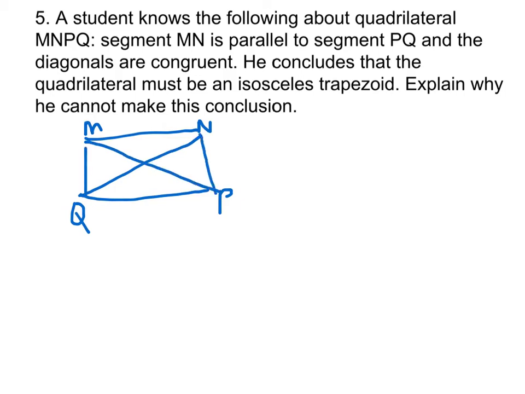Okay, so these are parallel, and MP is congruent to NQ. And he says, well, this must be an isosceles trapezoid.